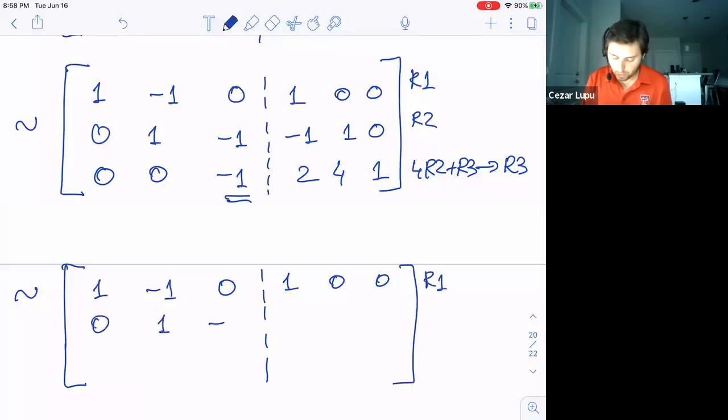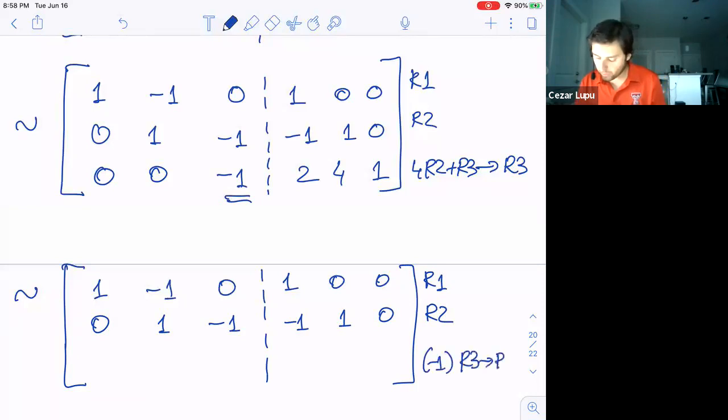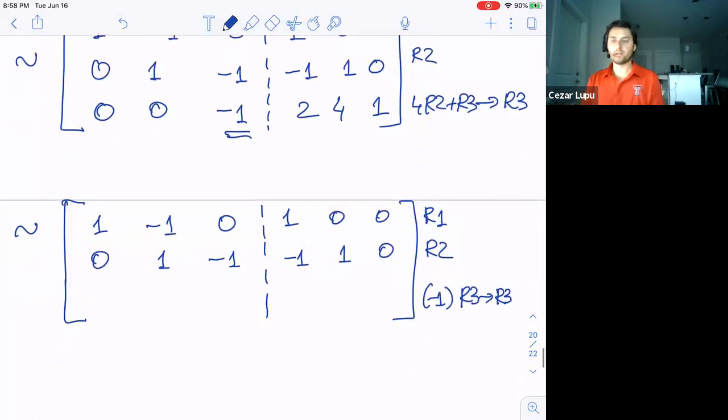This is 0, 1, -1, -1, 1, 0, R2. And the last one, we said that we're going to perform the following. -1 times R3 will become the new R3. So this will be equal to what? 0, 0, 1. Not this, it is 1 here. -2, -4, -1.